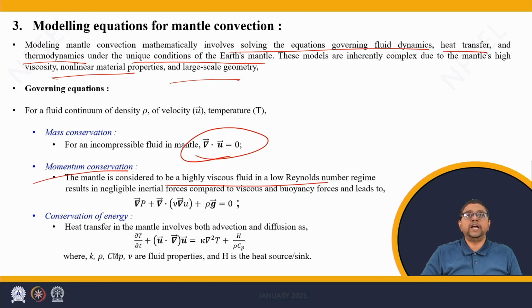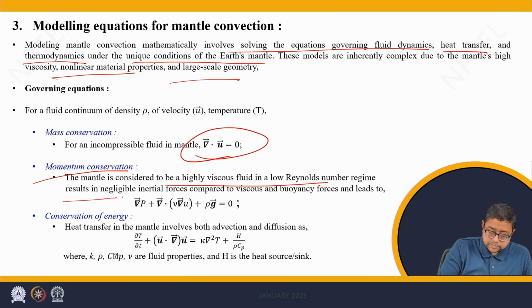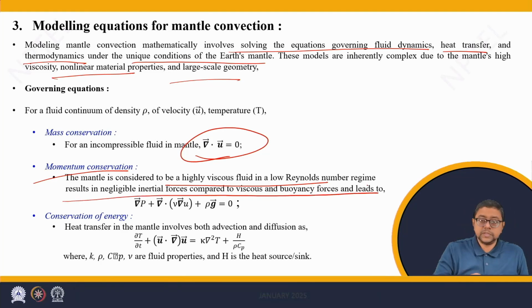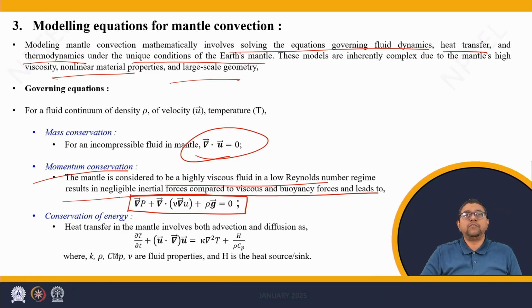That means the del u by del t term, which is present as the acceleration term, is negligible. This leads to negligible inertial forces compared to highly viscous and highly buoyant forces. Thus, we have the net force equal to 0.